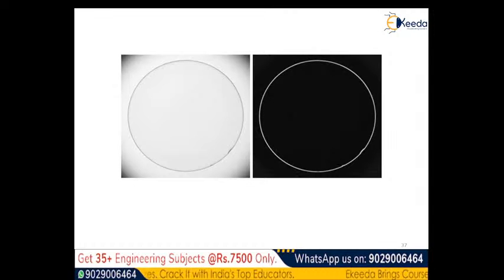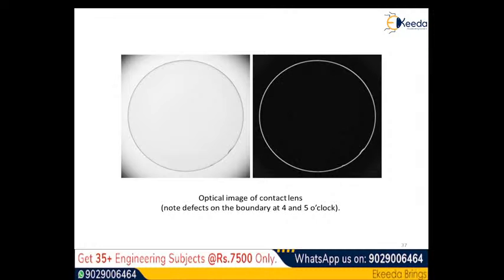Now we have the visual effect better explained with the help of this example, where we have the optical image of a contact lens. The defects on the boundary at 4 and 5 o'clock can be better visualized when we find the Sobel gradient. So in Sobel gradient, edge detection is basically by the use of gradients.